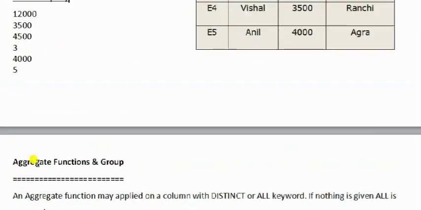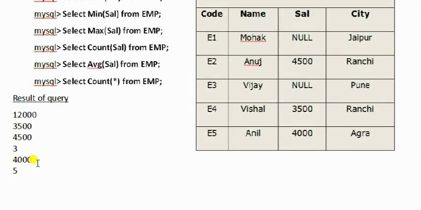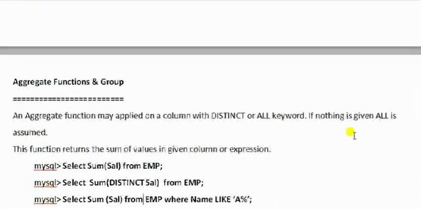So if you see the table here, two branches will be calculated together, the rest are not repeated values, so those will not be grouped. Only the similar values will be grouped on the city field. So 4500 and 3500 will be added together, and the rest values will be just displayed.